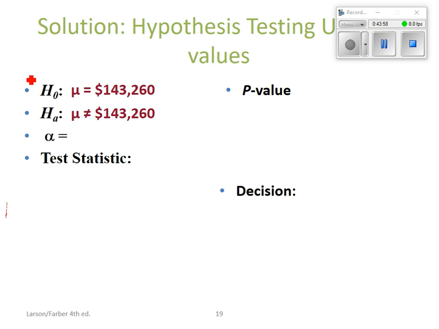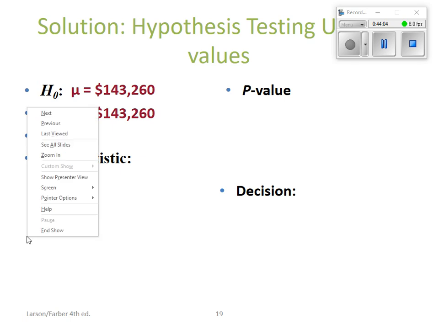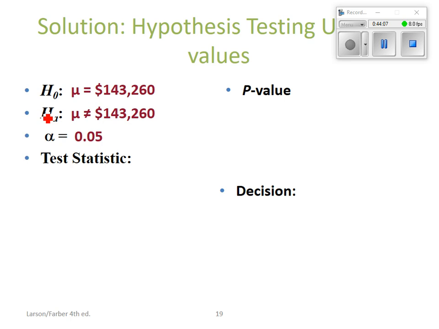H0, they're claiming that it's equal to that. It says in your notes. Let me go back and read the problem. H0 is what the company's claiming. So the company claimed that, so maybe I didn't read it right. I've been reading his notes.